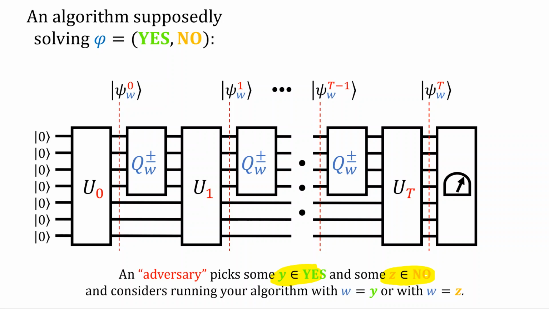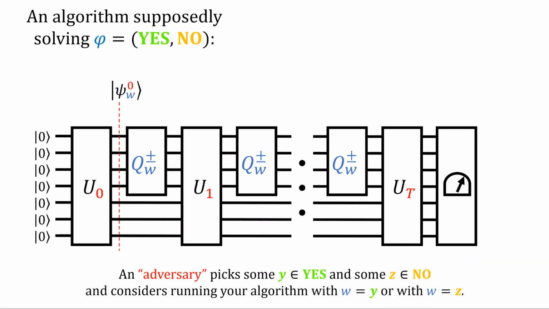The adversary considers running your algorithm with two possibilities, either w being y or w being z. That's going to lead to a different succession of psi's as the algorithm goes along, depending on whether w is y or w is z. Well, I say different, but it's only different once you make at least one query.